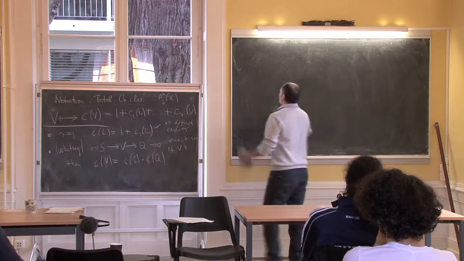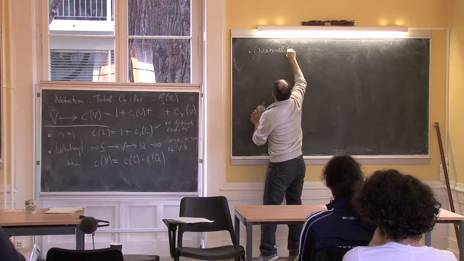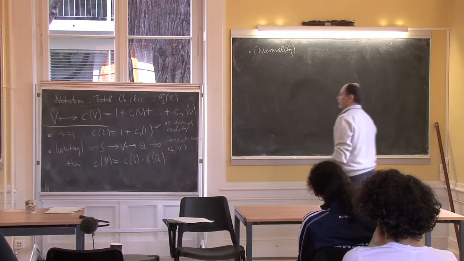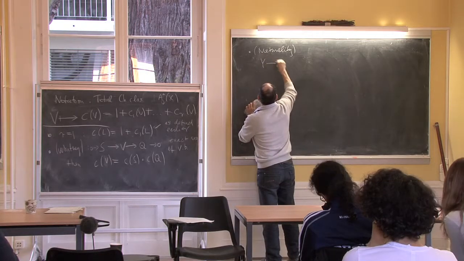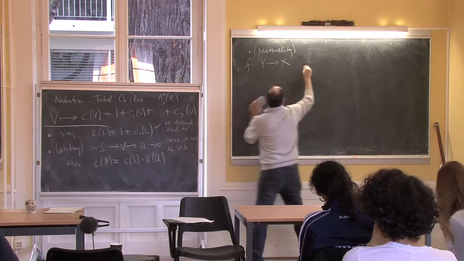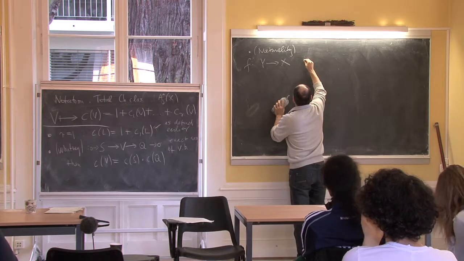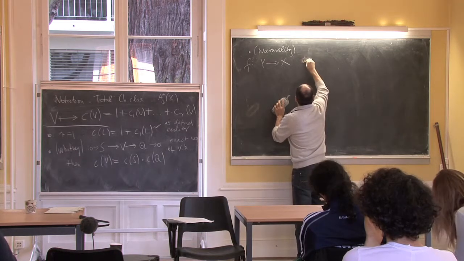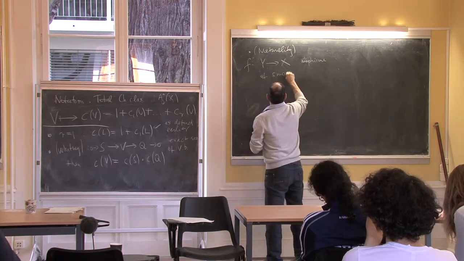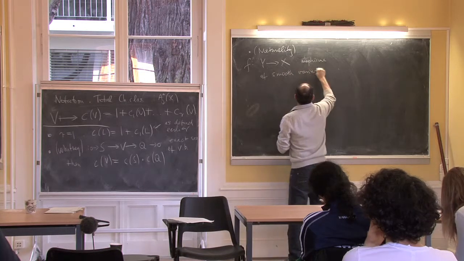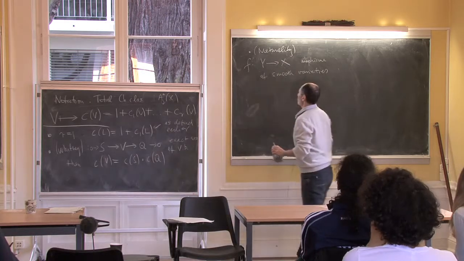Okay? So the other thing is what's called naturality. This just says that if you have a morphism of smooth varieties, then as we discussed, you can pull back vector bundles.